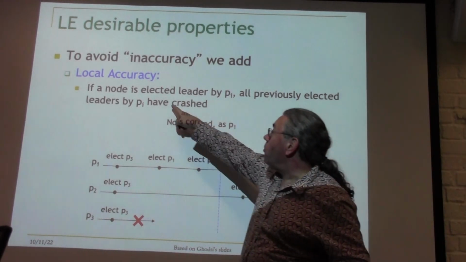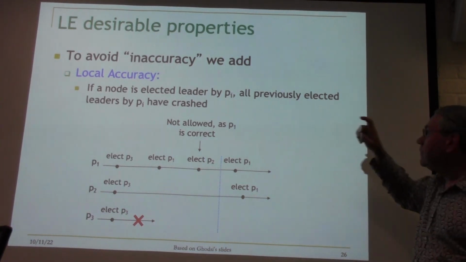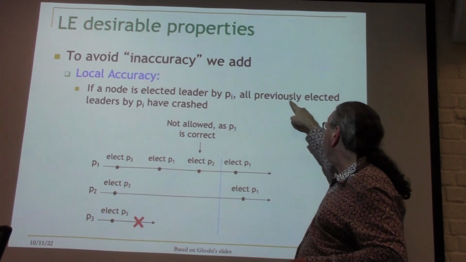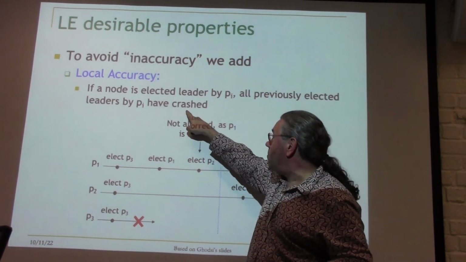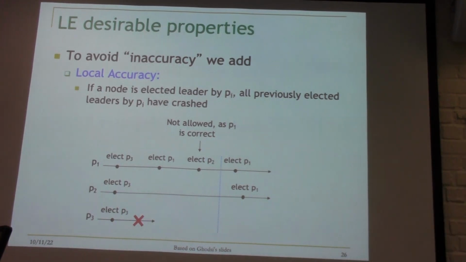I'll add a third property called local accuracy. This property says, if a node is elected leader by Pi, all previously elected leaders by Pi have crashed. That means once Pi picks a leader, it's not allowed to change unless there's a crash, okay?